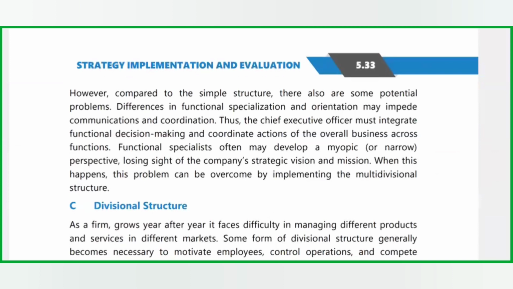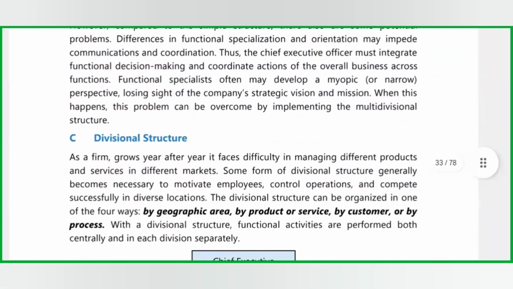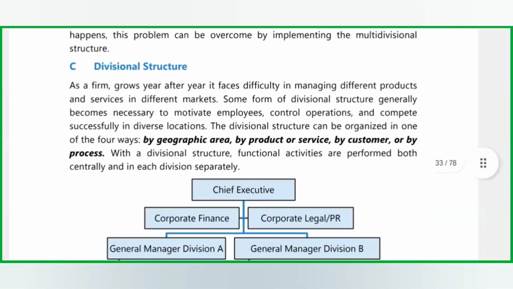So the CEO should be capable enough to communicate and coordinate with everyone. Often when there are multiple divisions, the strategic vision and mission tend to lose sight. So the CEO should be very good and dynamic in decision making and coordinate actions of the overall business functions.